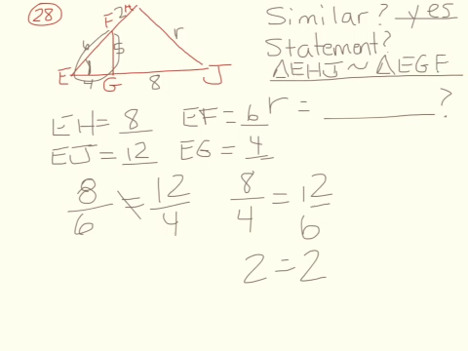That's our similarity statement. So now for this last one, I know that HJ should go with GF. And since I know that GF is 5 and that the scale factor is 2, that makes HJ have to be 10. So HJ is 10, which is the variable R.